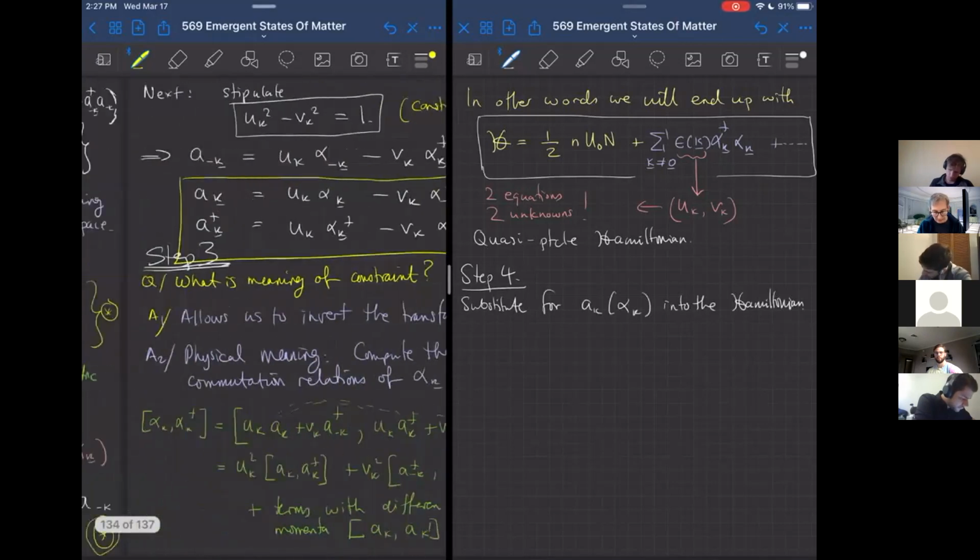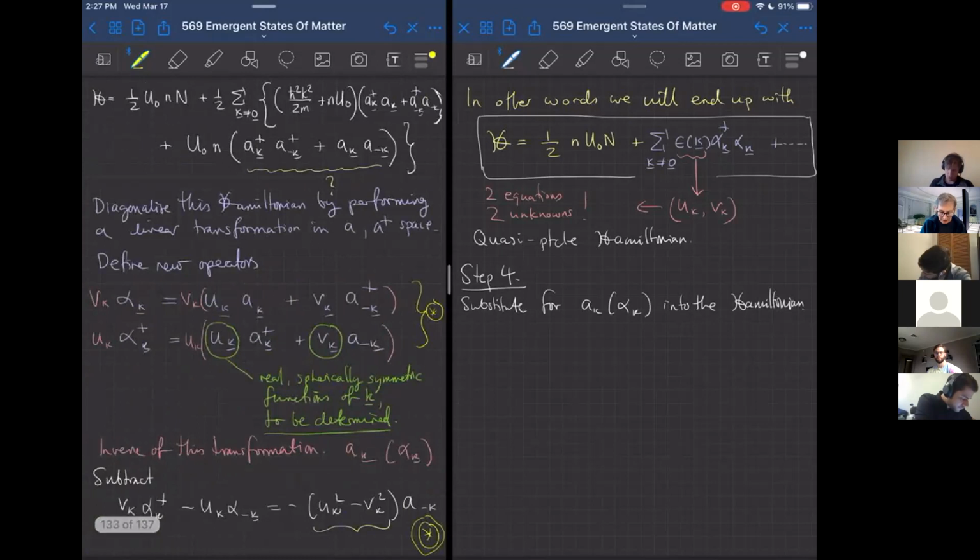So specifically, when I say the Hamiltonian, what I mean is this particular functional form that I have right over here. So that's the Hamiltonian, and that is up to quadratic order.